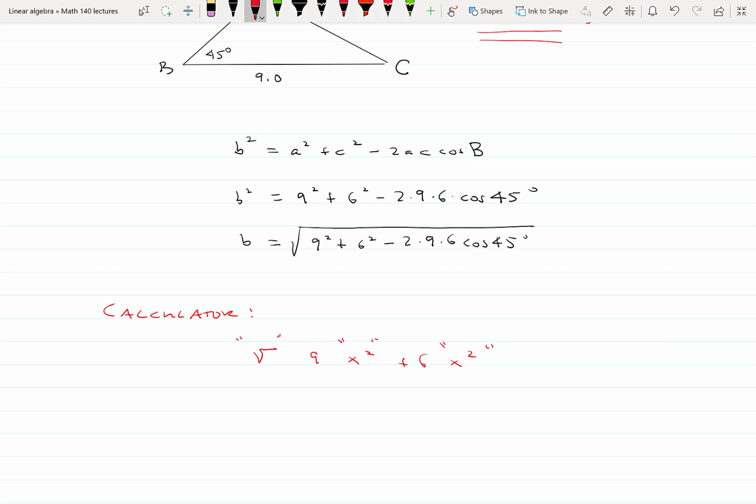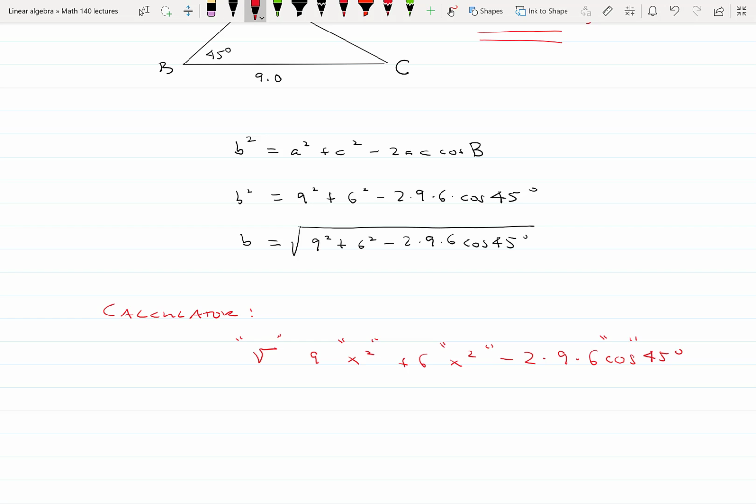Minus 2 times 9 times 6. And you can either push multiplication or not. Your calculator, if you just push the cosine button, will know. So you would push 9 squared plus 6 squared minus 2 times 9 times 6 cosine of 45, then close your parentheses and push enter.